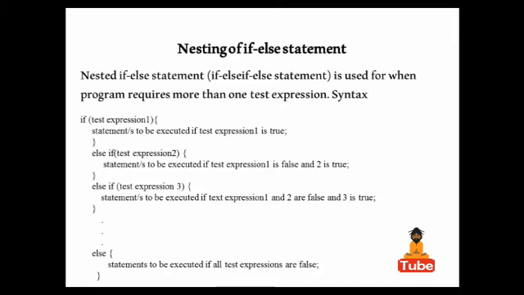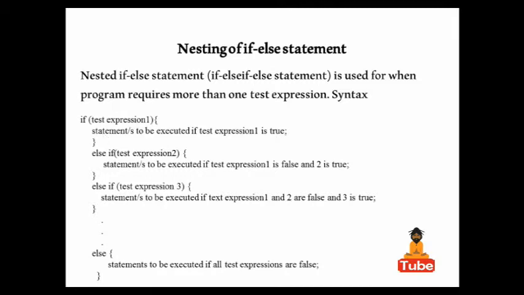So not only can we check a single condition, but we can check more than one condition using if else. For that we use nested if else, and in nested if else we must provide the test condition and then check the outcome.